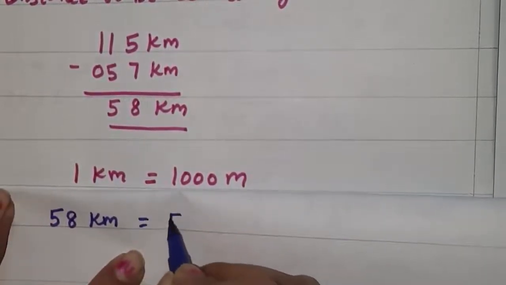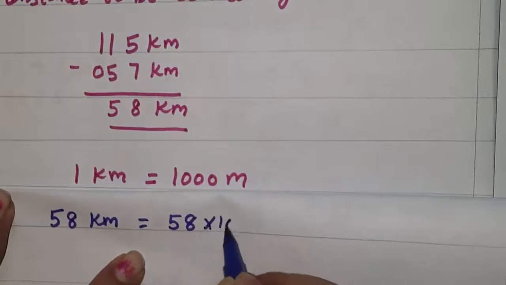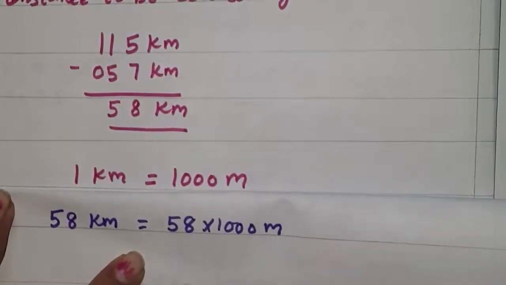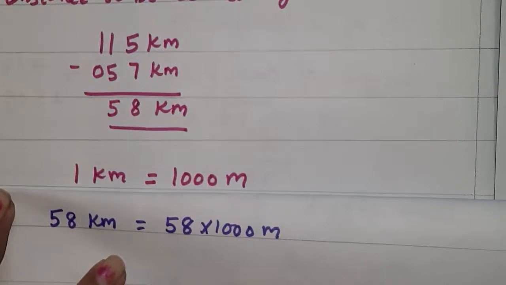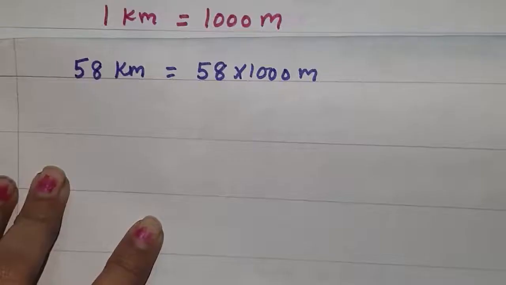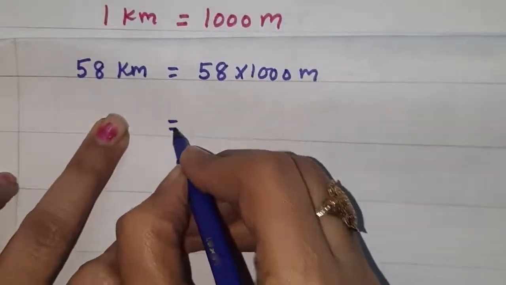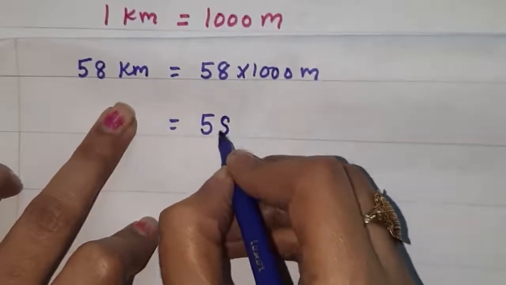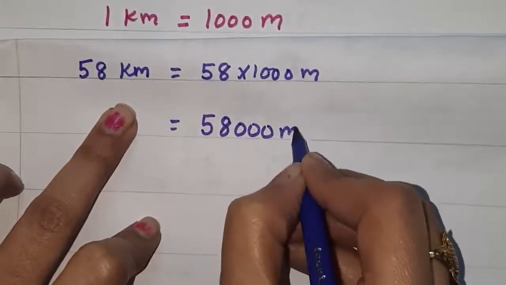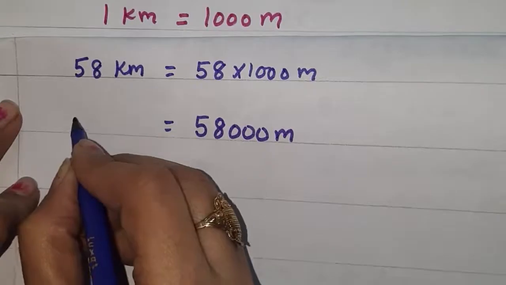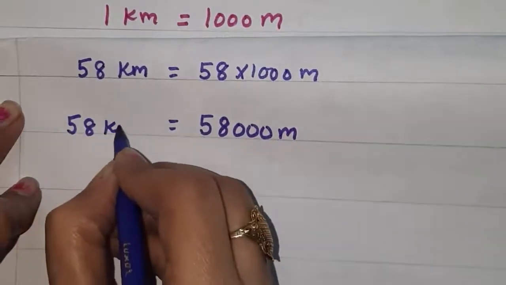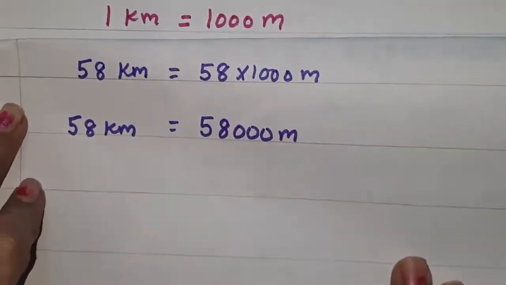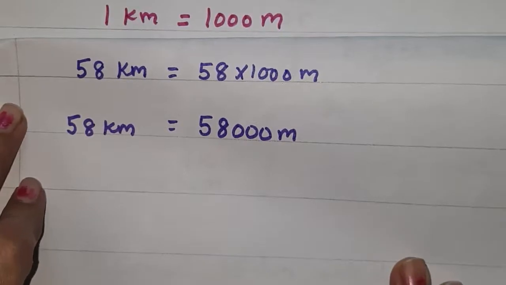So 58 kilometer will become 58 multiplied by 1000 meter. So it will become 58,000 meter. So this is the distance to be covered by Radha. Radha has to cover this much distance.